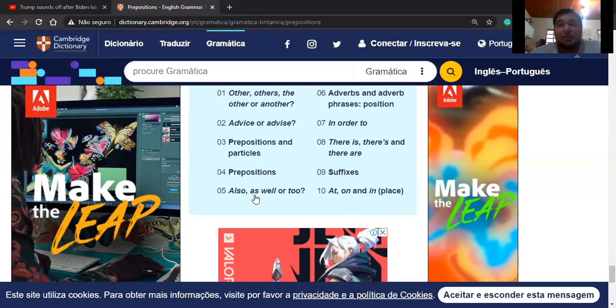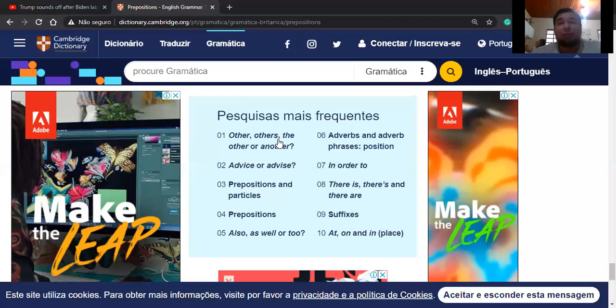There is, there's, and there are. Prepositions, suffixes, also, as well, or to, at, on, and in. These are the top 10, apparently, most frequently researched questions or issues about English grammar, according to the Cambridge English Dictionary on Grammar.